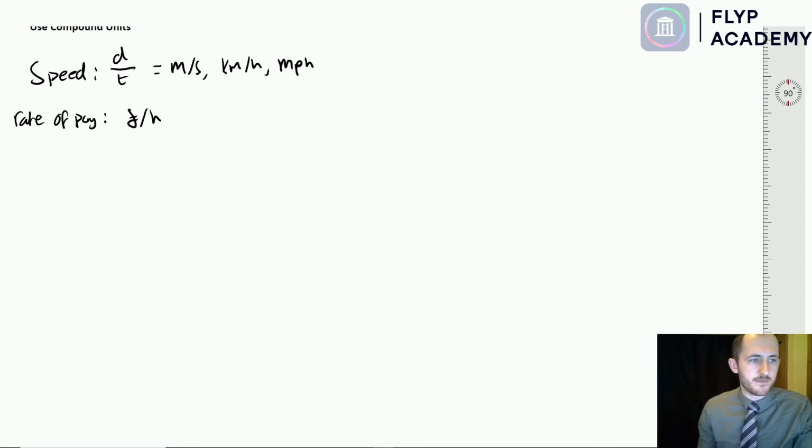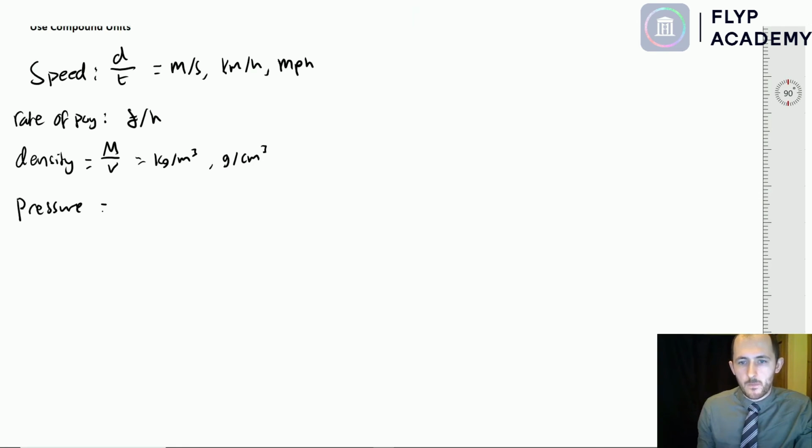You also have density, which again is mass over volume. So it's usually going to be kilograms per cubic meter or grams per cubic centimeter. And lastly, we have pressure, which is force over area.